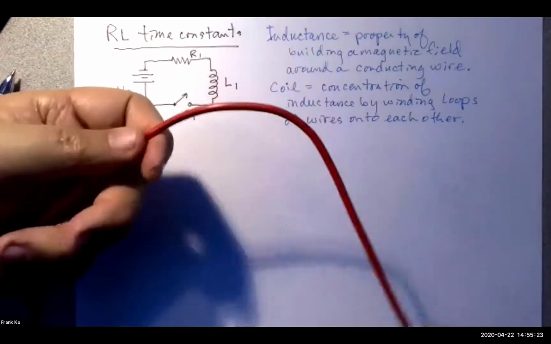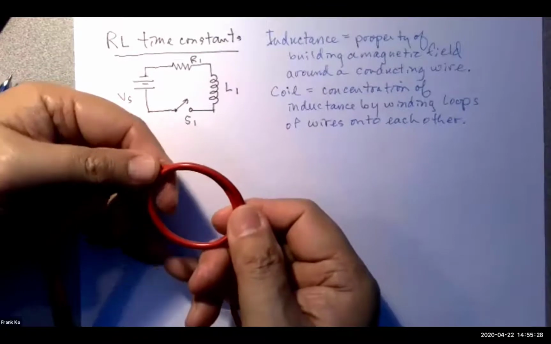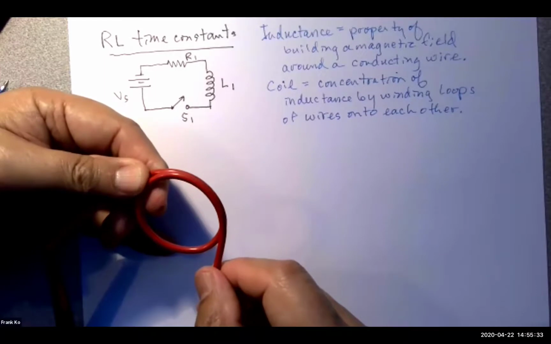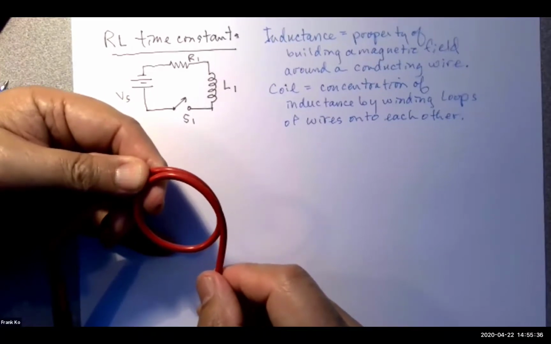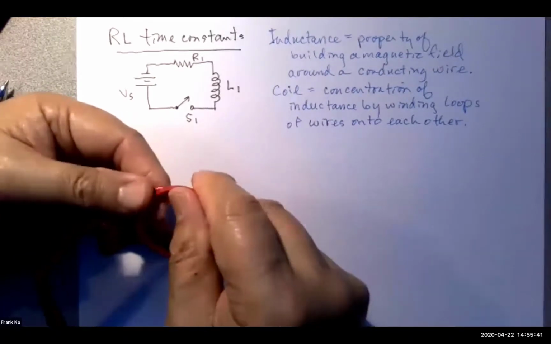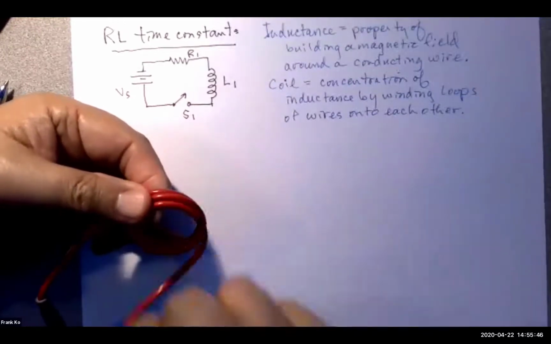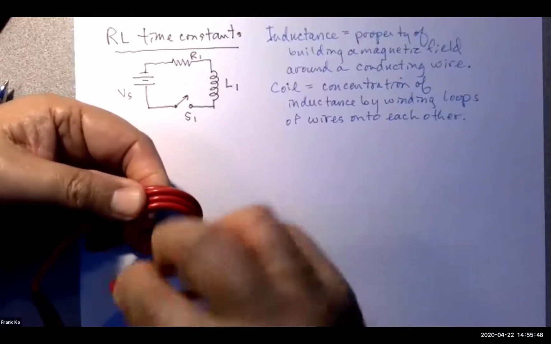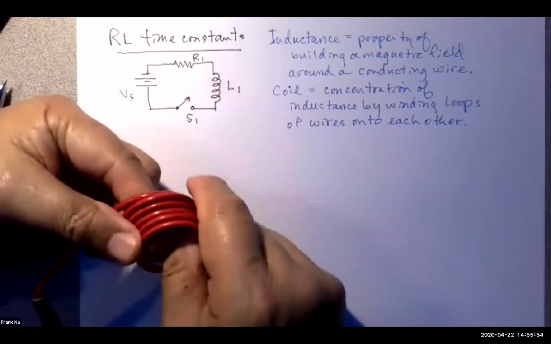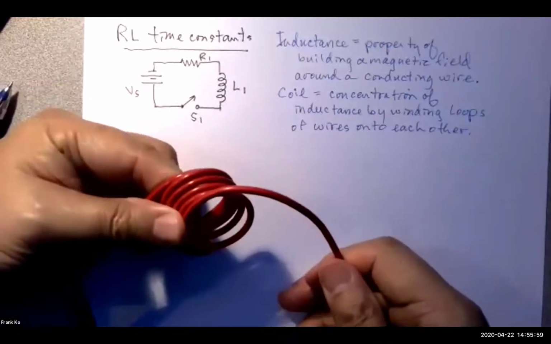I have wire. If I make a loop like so, the magnetic field of the first loop will interact with the magnetic field of the second loop and will increase this property of electromagnetism. And then if I do this with another loop, and another loop, and another loop, what I've gotten are the same size loops, as best I can make it in this illustration.